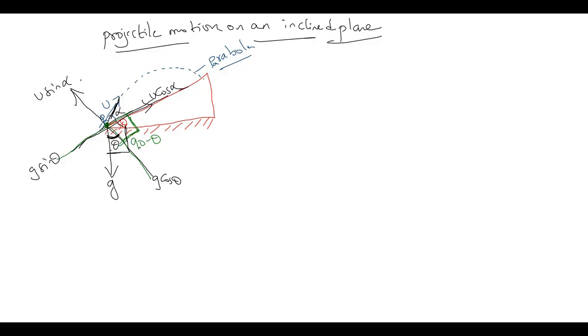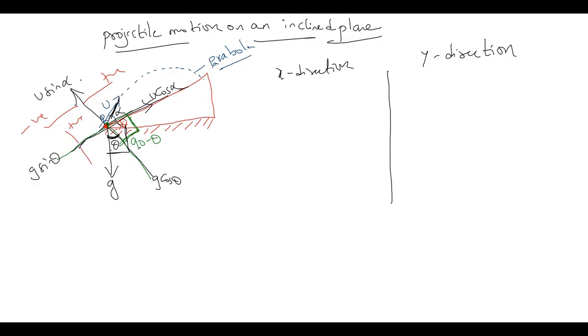Now let us take the same along the x direction as well as along the y direction. If you take the x direction, this is the origin, this side will be positive and this side will be negative. Are you understanding?